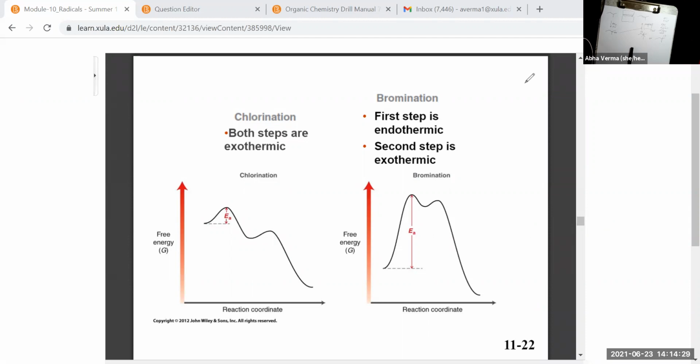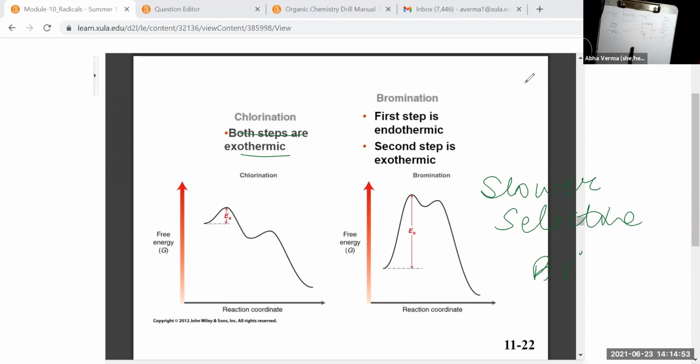So brominations are slower and hence more selective, because bromine knows, I have only one shot to abstract a hydrogen. Let me use it to take out the weakest carbon-hydrogen bond. Chlorine, on the other hand, is very fast.